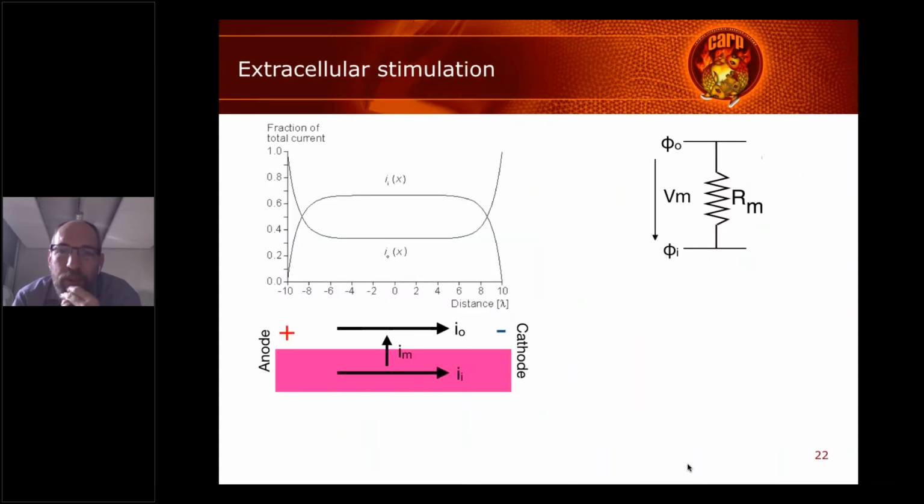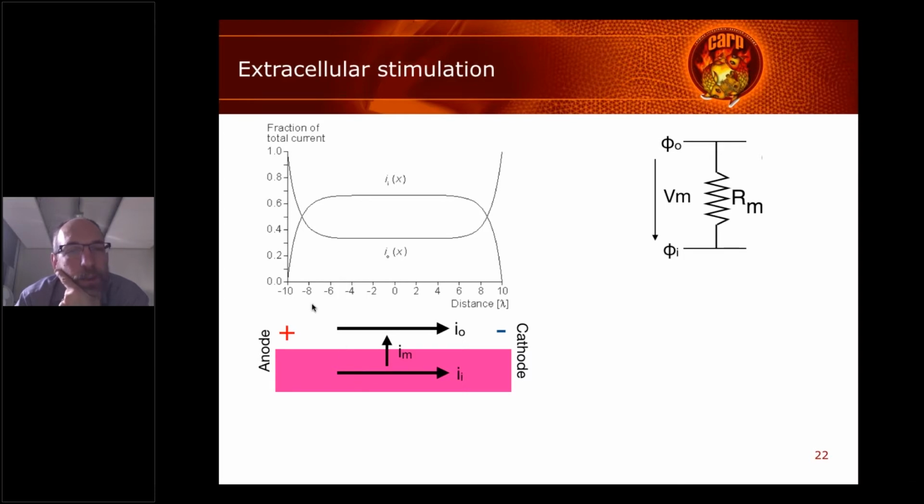So what happens when you inject current extracellularly? How come extracellular stimulation works? It works for this reason. If we have an anode, the positive terminal of a battery, and a cathode, the negative terminal of a battery, current is going to flow in the extracellular space, which we call O for outside. However, some current is going to want to flow inside the cell.